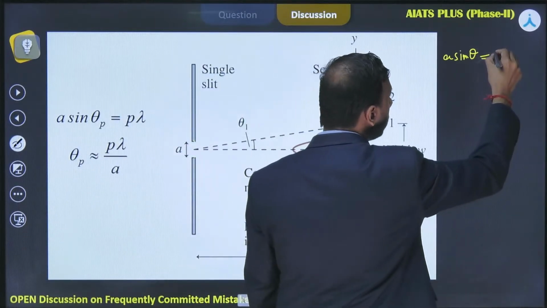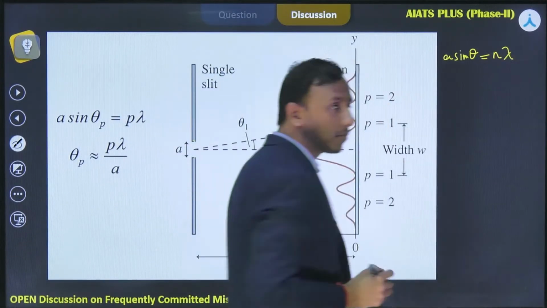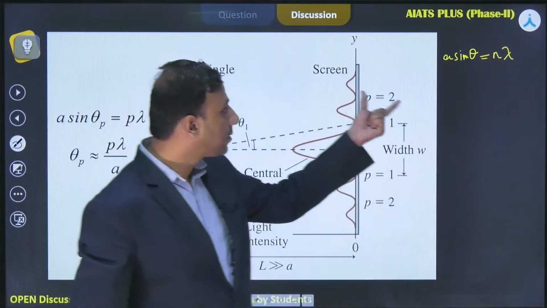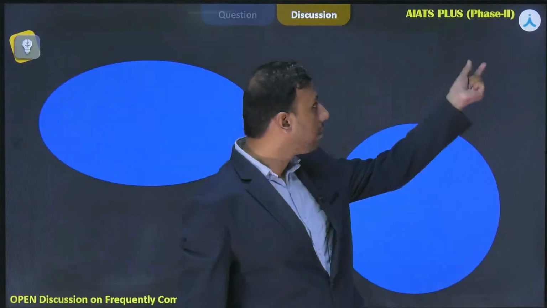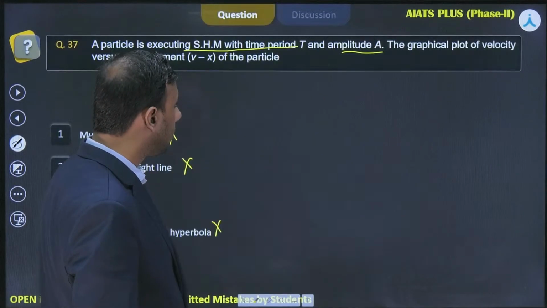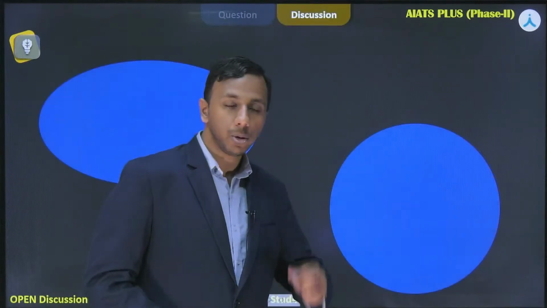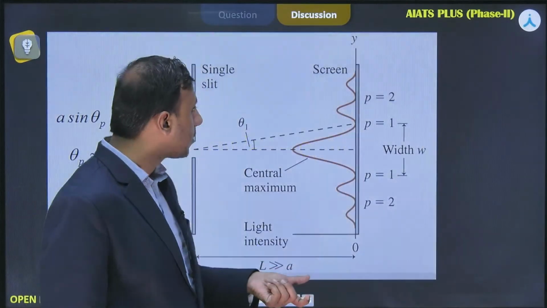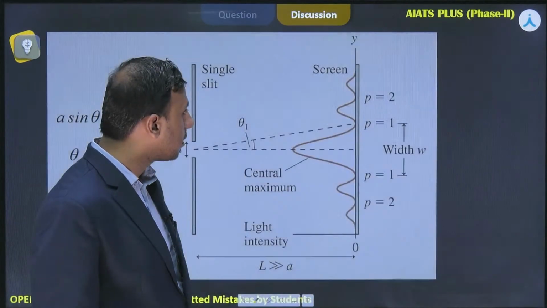And this would be equal to n lambda, for what exactly? If you remember, in Young's double slit we wrote the same expression, a sin theta equal to n lambda, for constructive interference, meaning maxima.